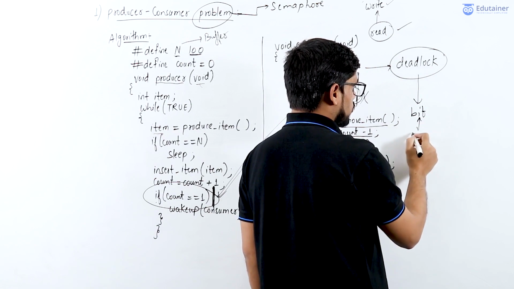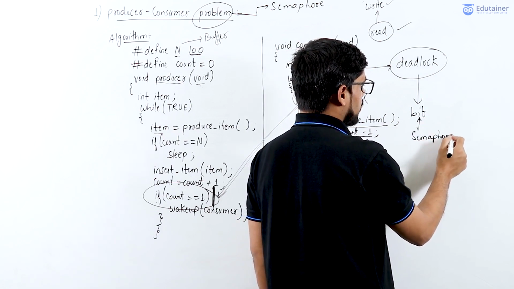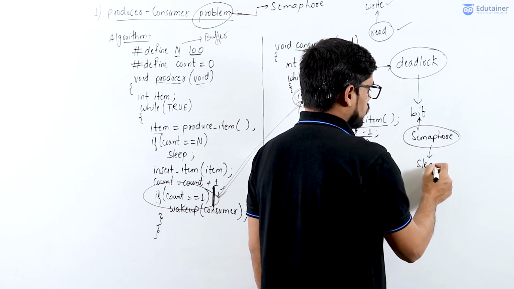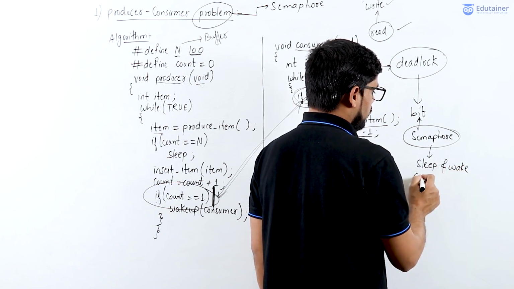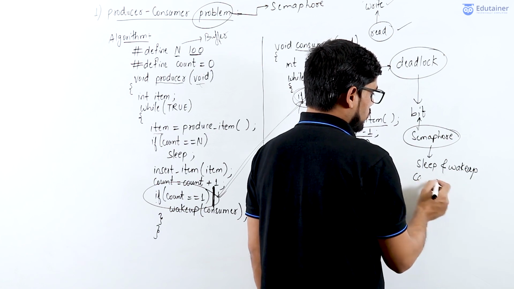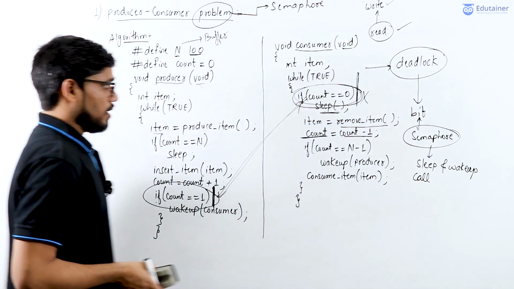So this bit is called a semaphore, and it continuously monitors the sleep and wake up calls of the producer and consumer.